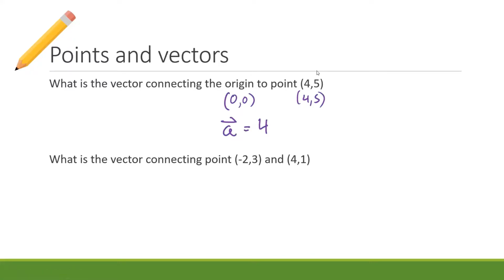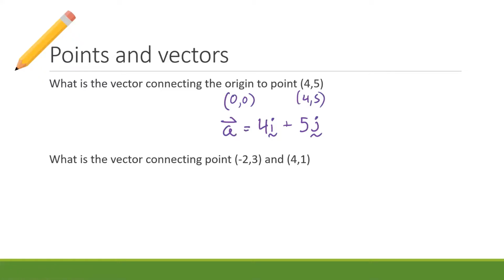Yeah. Thank you, Dylan. 4i. And how far up has it gone? 5. And what symbol do you think I should use for that? 5j. Beautiful. Plus 5j. Nice and easy here.